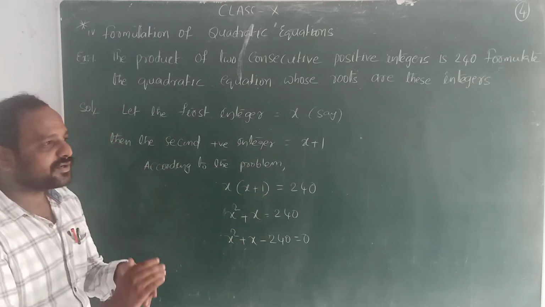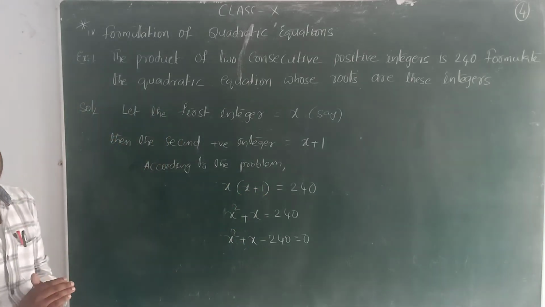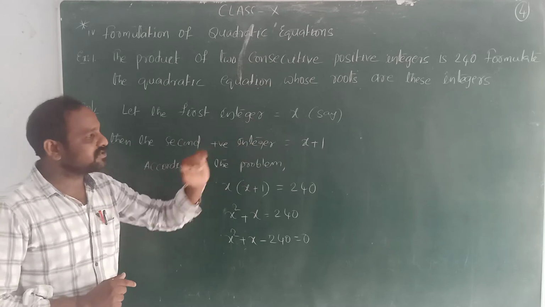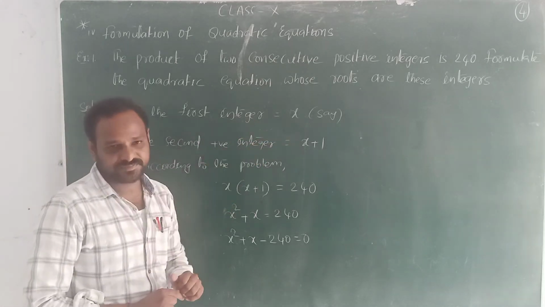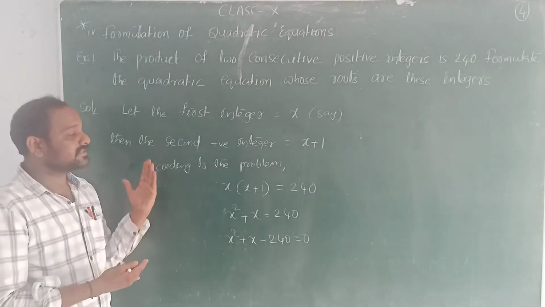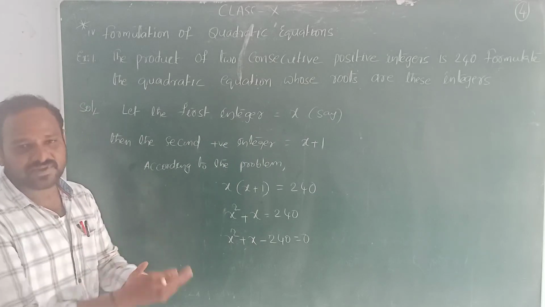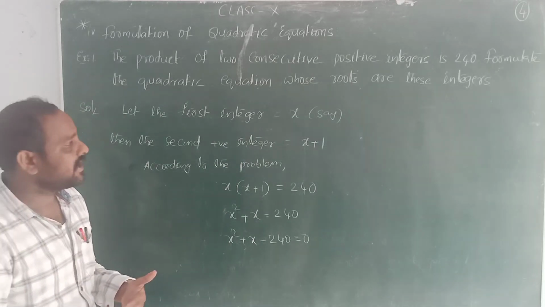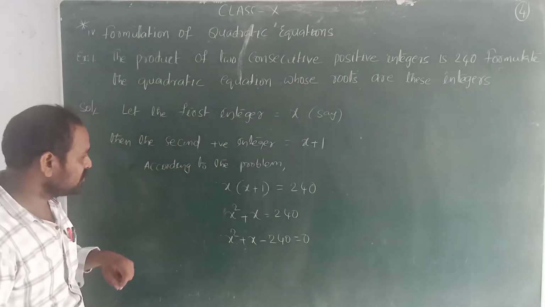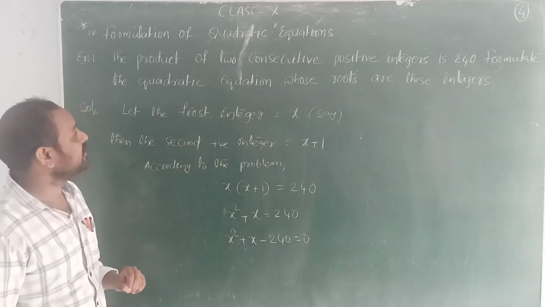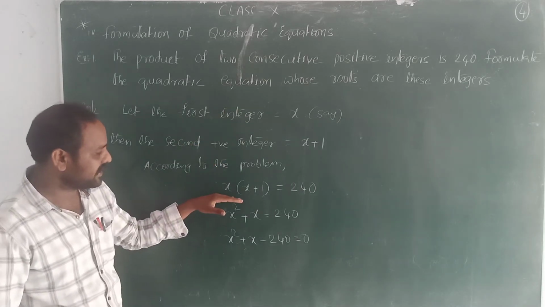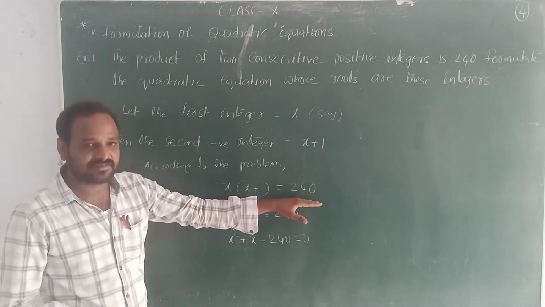We don't know those two positive integers, so first we assume the first positive integer is x. Then automatically the second becomes x plus 1, because as per the question they are consecutive positive integers. As per the problem, the product is 240, so x into x plus 1 is equal to 240.